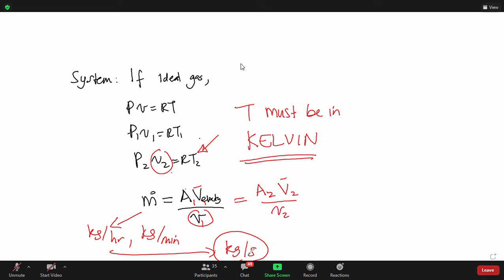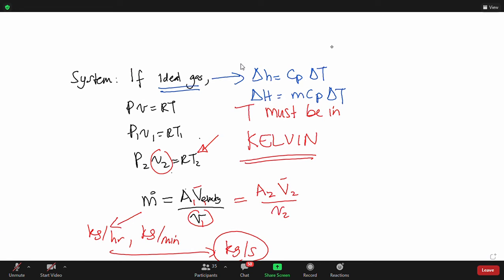Another important thing is for ideal gas, delta H equals Cp delta T, or delta H equals m Cp delta T. Are we clear on this? It is ideal gas.